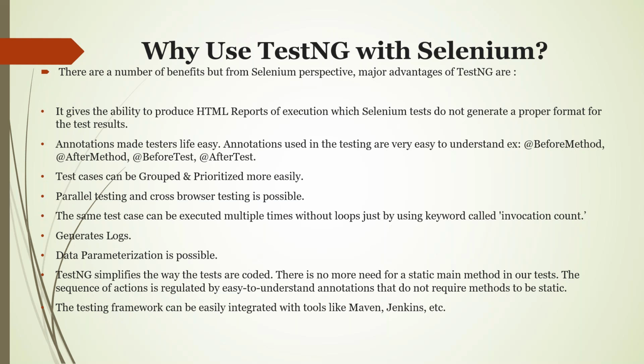So the main benefit of TestNG is the reporting, because we don't have that feature in Selenium. In real time, people are going for Cucumber because Cucumber has a good reporting structure, with diagrams, pivot charts, and all those things. But in Selenium, as we do not have that, we have to add TestNG. That is the only thing.